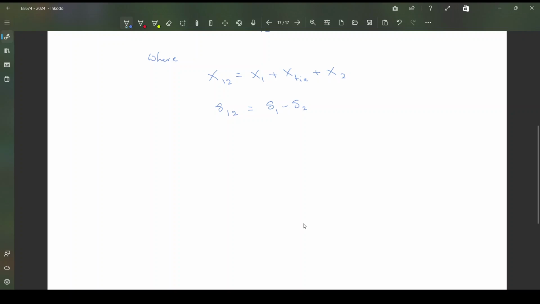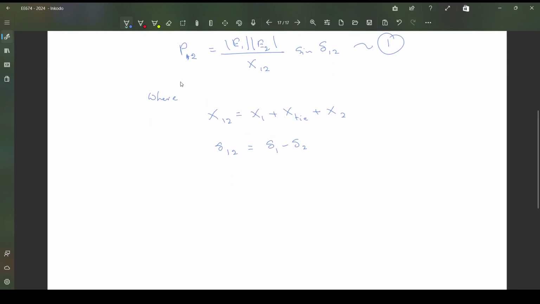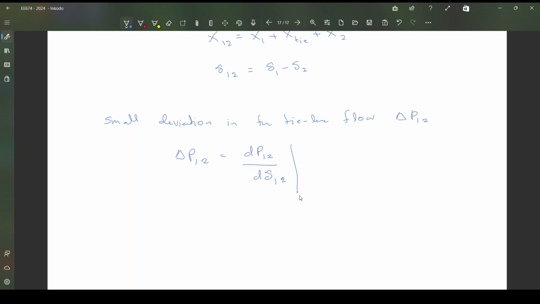Now for a small deviation in the tie line power flow, that is the power going from one area to the other, let's say delta P12, from equation 1 we can say delta P12 is equal to d P12 over d delta 12 at delta 12 zero, the starting point, times a small change in the angle delta 12.